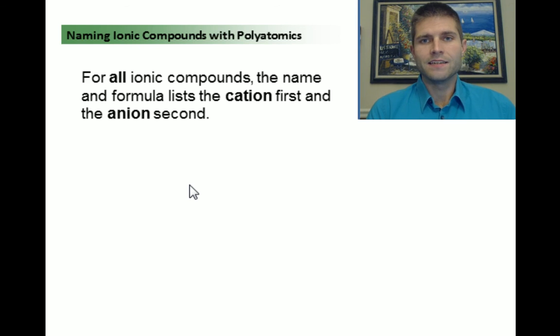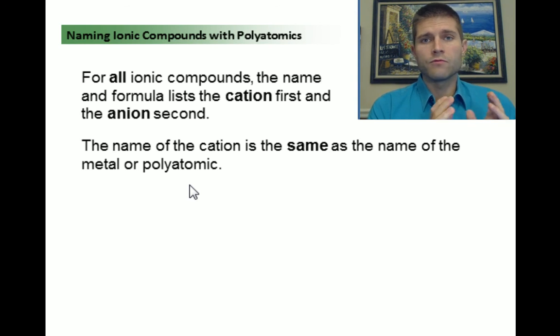This is easy. The way we do it is we take the name of the element, most likely a cation, a main group metal, and we keep it the same. We keep the same rules that we did for the binary ionically bonded systems. If it's a main group metal, you know what the charge is based on the group number.